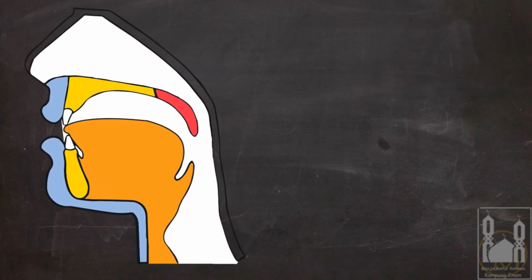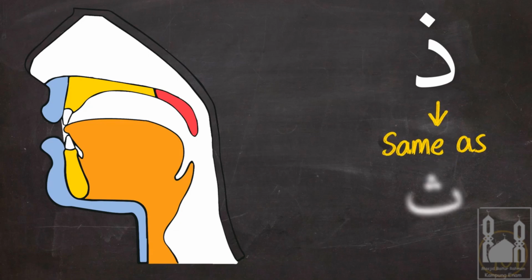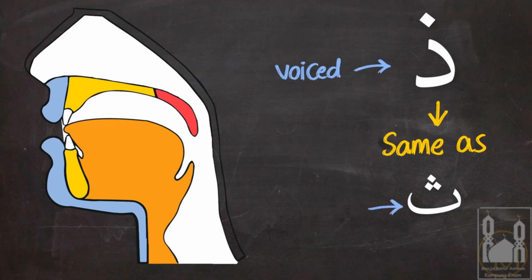So, moving on to the next one, Dhal. And Dhal is a carbon copy of Tha sound. But there is just one little difference. Yes, you might have guessed it. Dhal is the voiced version of Tha.